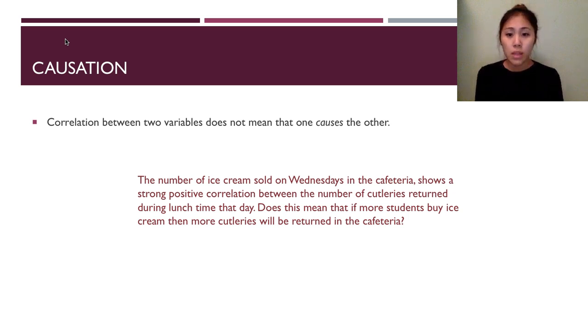It doesn't mean that more students buying ice cream will cause more cutleries to be returned. It just so happened that there is a positive increase in the independent and dependent variables such that it forms a positive linear correlation. But that doesn't mean that that is causation.